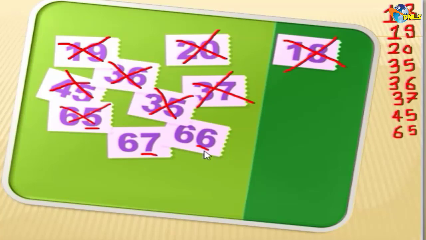For sure, 66 is smaller than 67. And the last number is 67. So now we have ordered the numbers from the smallest to the greatest, and this order is called ascending order. Ascending order.